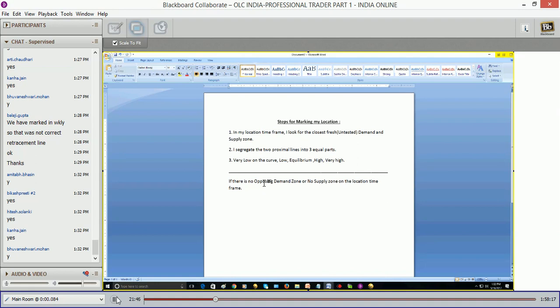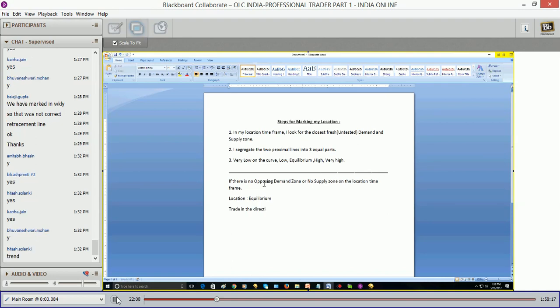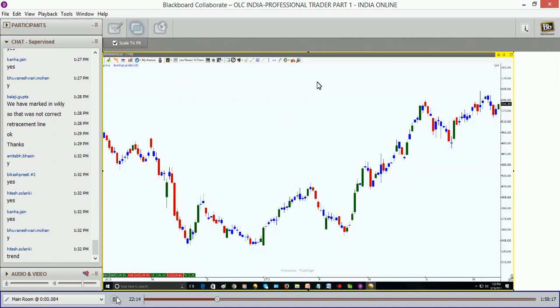So by default we take our location in this case to be equilibrium. And when we are in equilibrium, what do we do, friends? We trade in the direction of the trend. Yes, by default we trade in the direction of the trend.